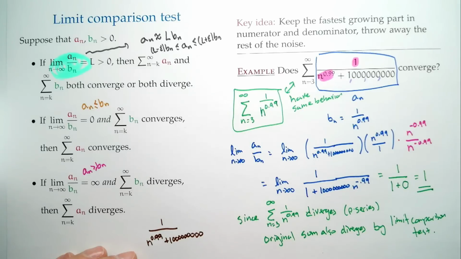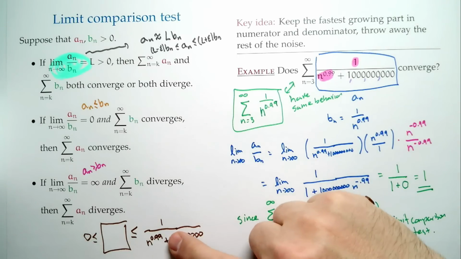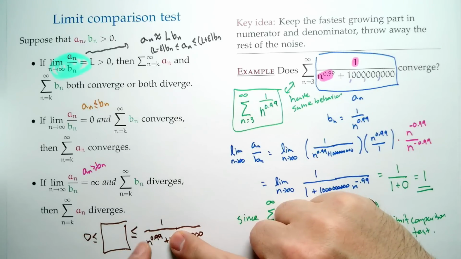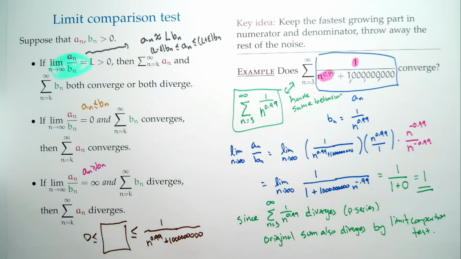Because we already showed that. So in order for us to make that work, we need to get this bigger than or equal to something that also diverges. Now, the question is, well, what could you put here? Now, you'd like to say, hey, let's just get rid of the billion. But the problem is, if you get rid of the billion, what's left, 1 over n to the 0.99, it's actually going to be over here.